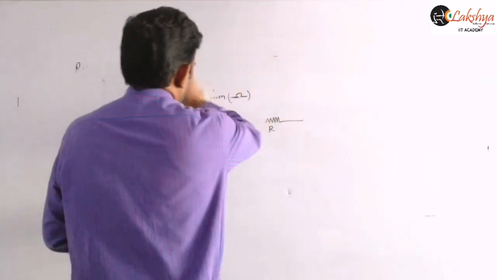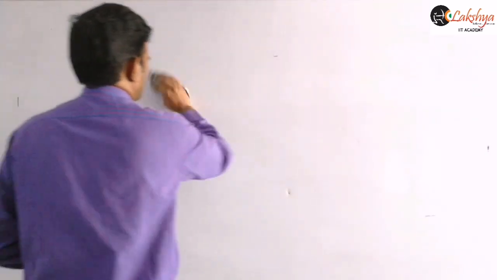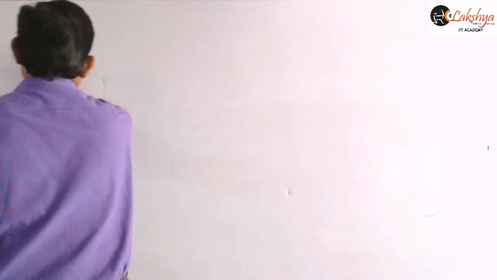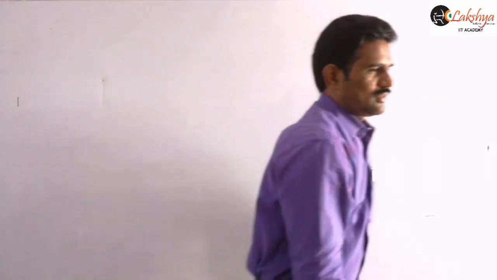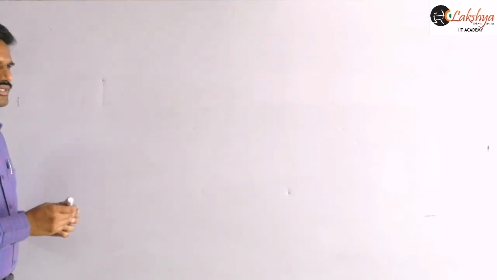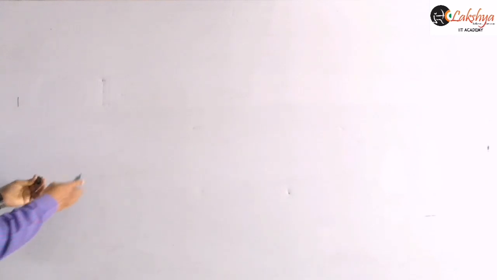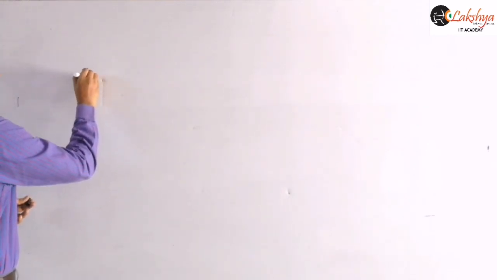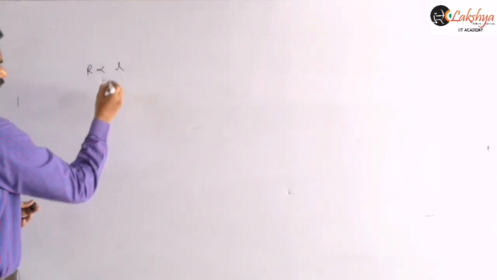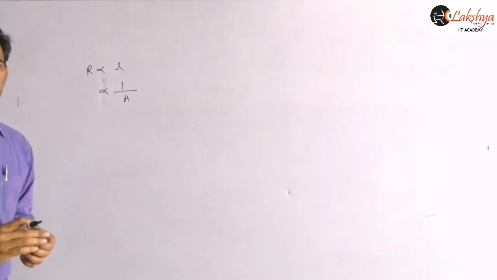As the next point, the resistance of a conductor is directly proportional to its length and inversely proportional to the area of cross section.